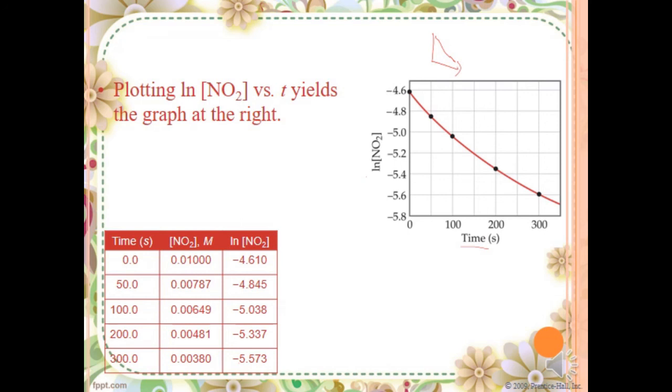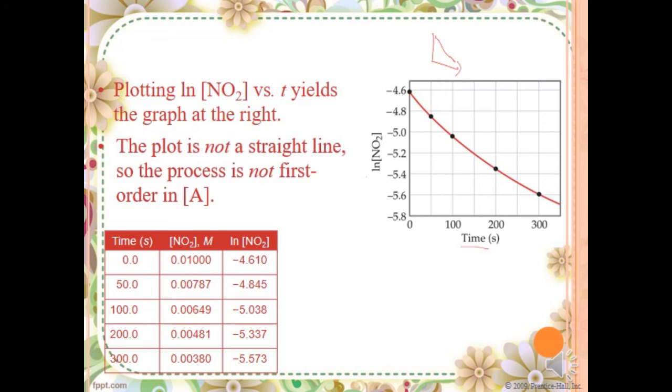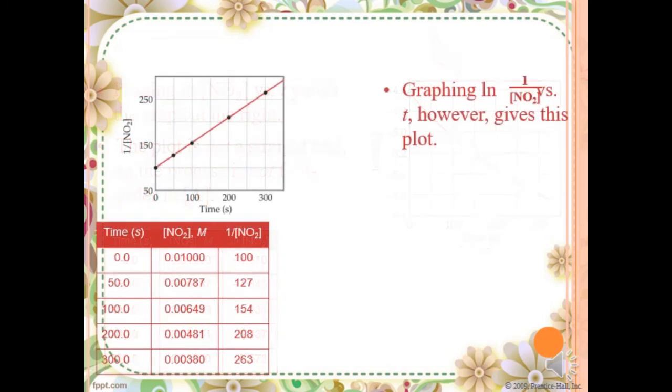Now try plotting for second order. You have to first calculate 1 over the nitrogen dioxide concentration, and then plot versus time.